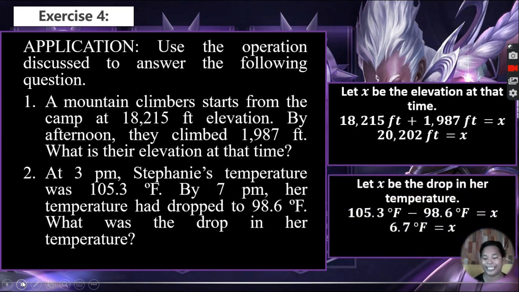Let x be the drop in her temperature. To find the drop, subtract 98.6 degrees Fahrenheit from 105.3 degrees Fahrenheit. So, the drop in her temperature is equal to 6.7 degrees Fahrenheit.